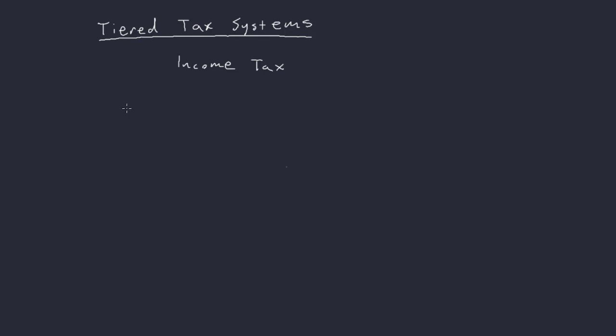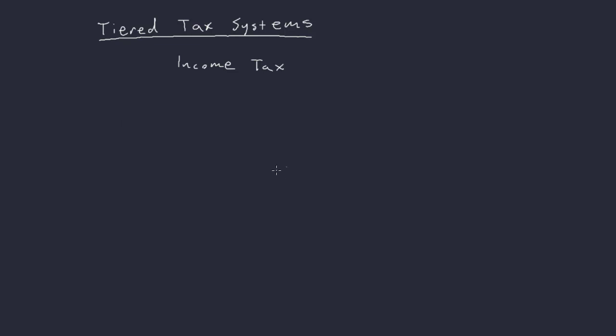Because this tiered system that we're going to be talking about is what tends to stay uniform, right? It tends to always be set up in this tiered system. So if you understand the tiered system, it should be the first big step towards understanding how our tax system works. Okay, so let's get into it.